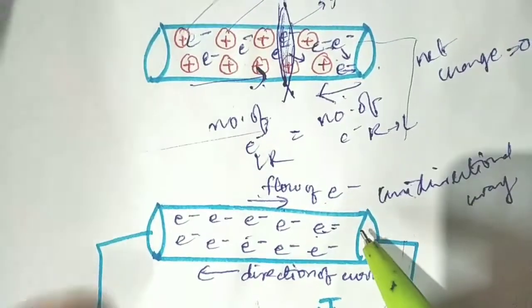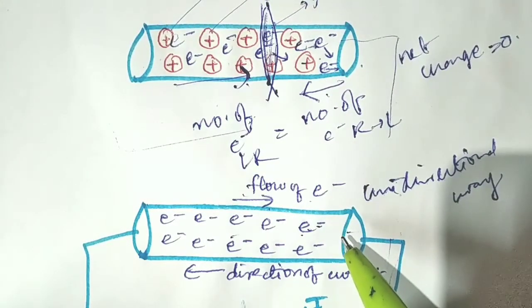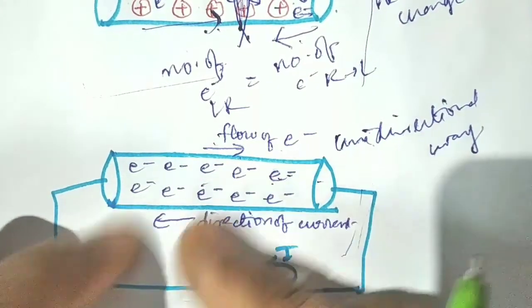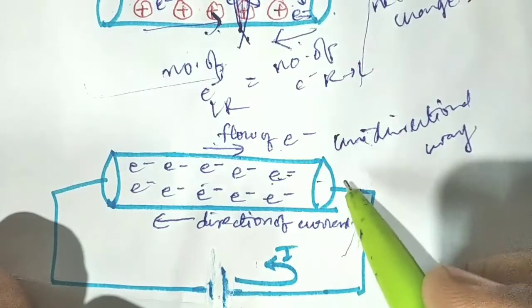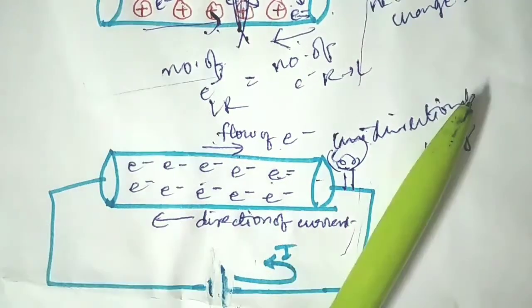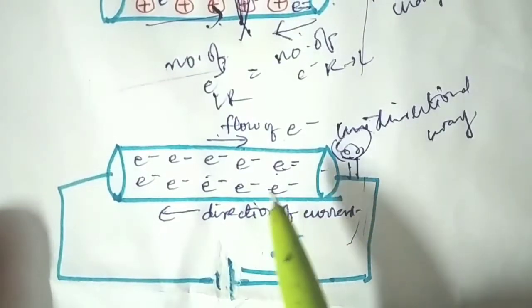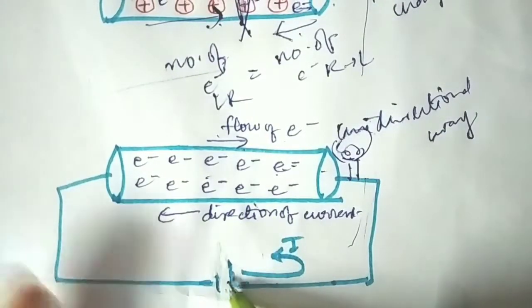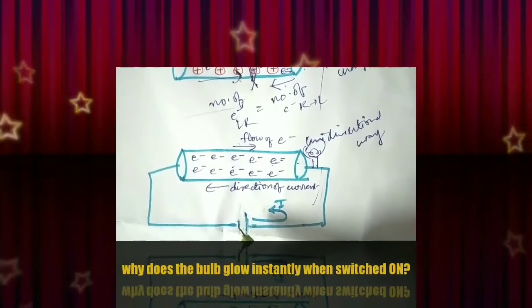Now these electrons are moving in one single direction, and when I connect a bulb here, the bulb starts glowing. Students, why does the bulb glow instantly when I connect the battery and switch on the switch?